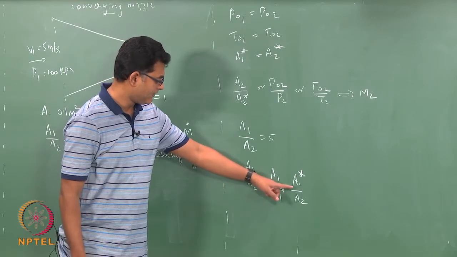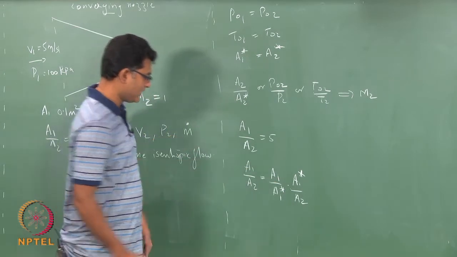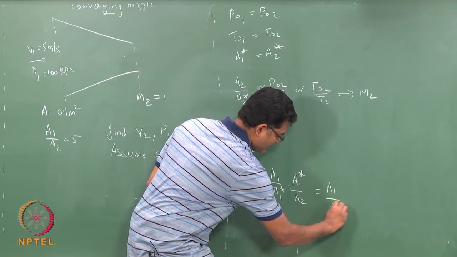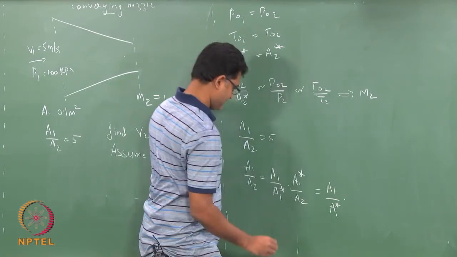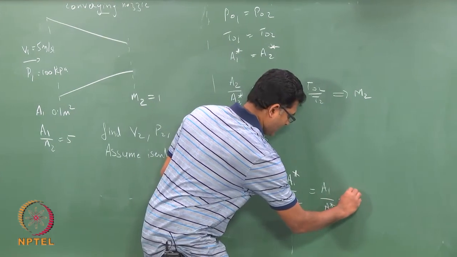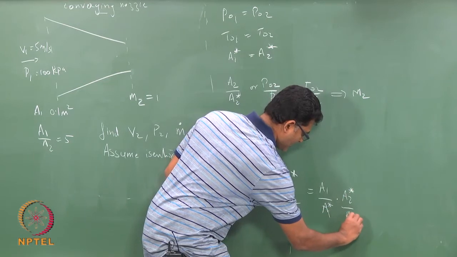Since A1 star is also equal to A2 star, I can write this further as A1 by A1 star into A2 star by A2.